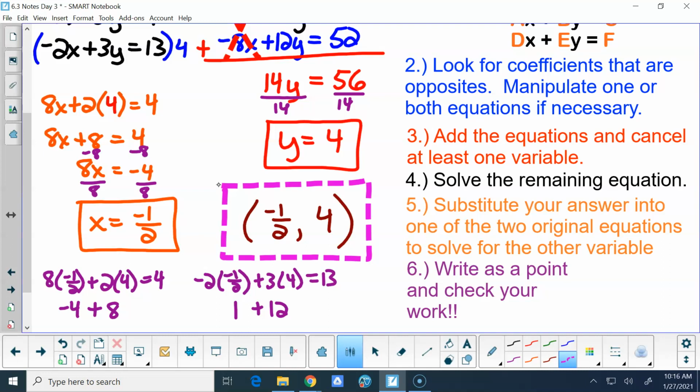Which we could have also graphed those lines and found that point. We could have used substitution on those two equations and got that point. Okay? So we got 3 tools now to solve a system of equations. Questions?